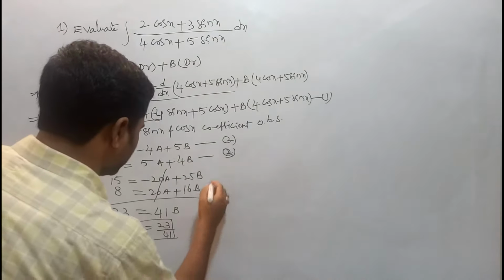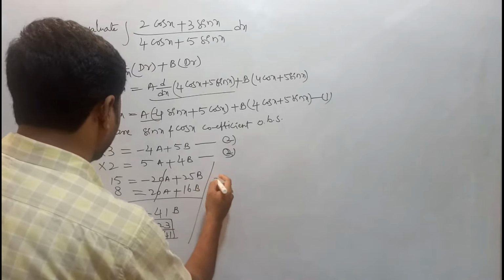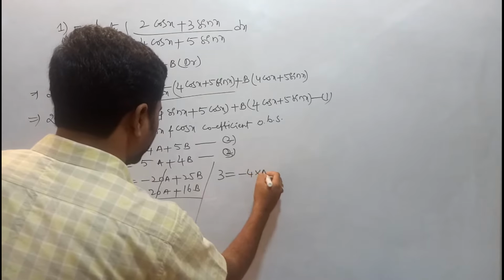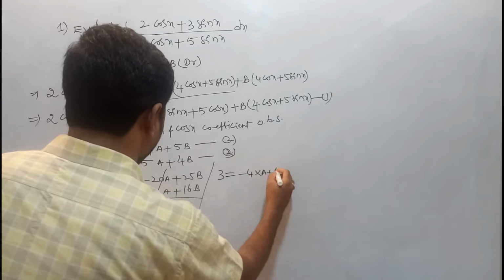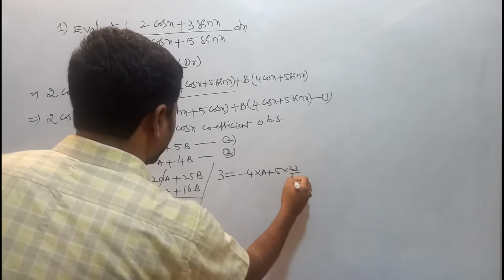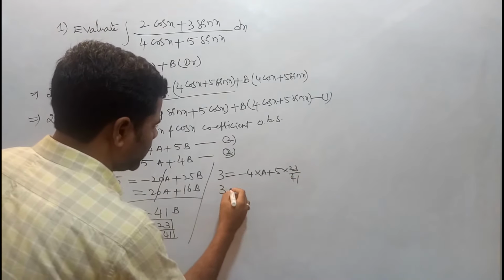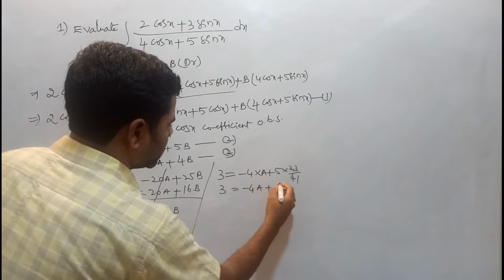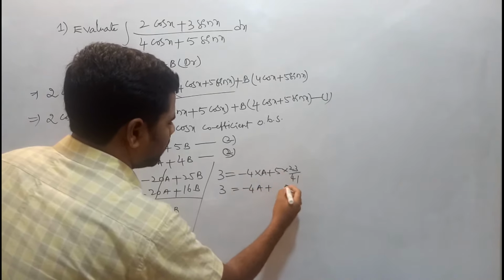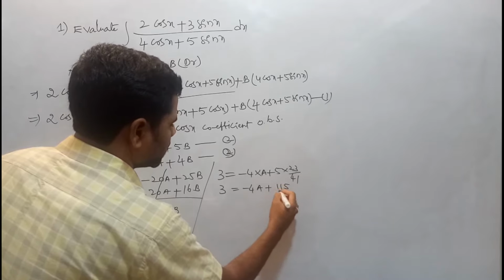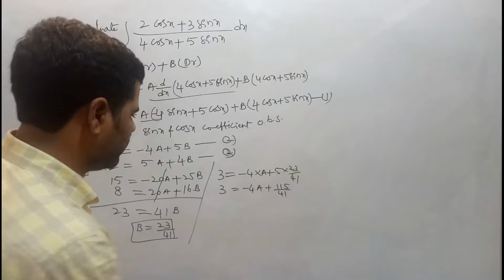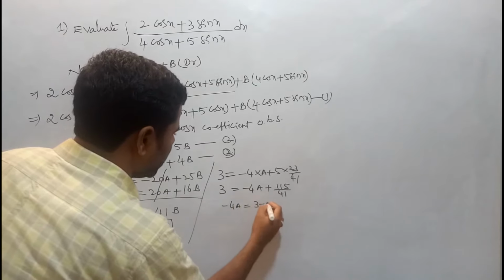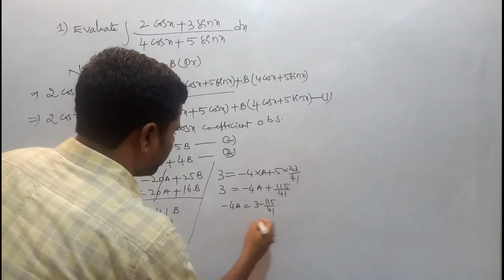Now 3 is equal to minus 4 into a plus 5 into 23 by 41. So 3 is equal to minus 4a plus 115 by 41. So minus 4a is equal to 3 minus 115 by 41.